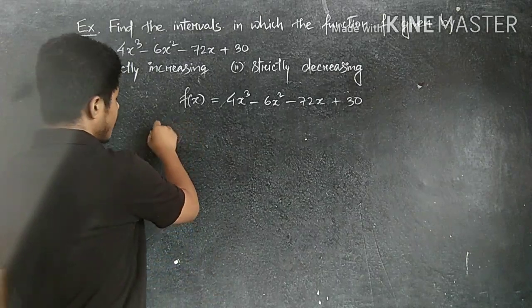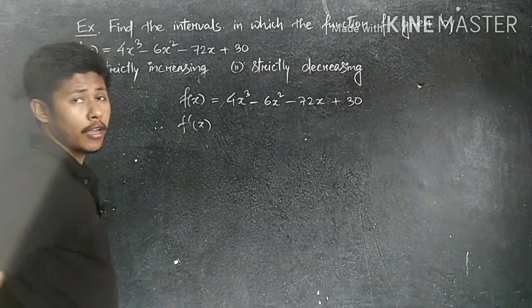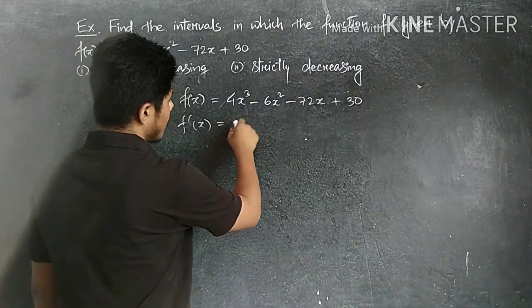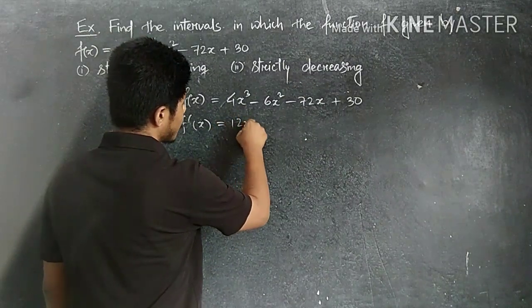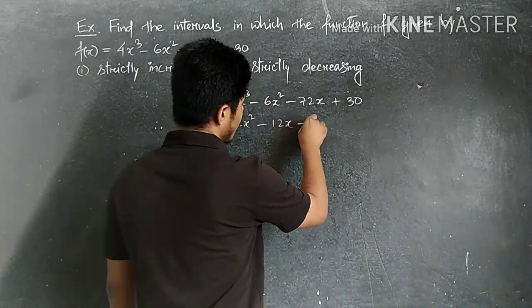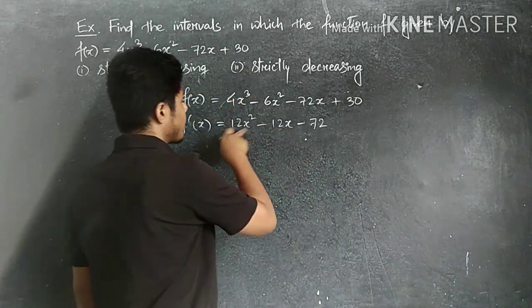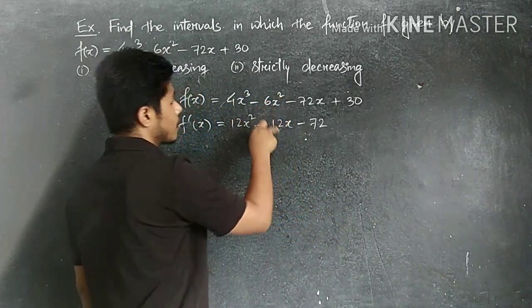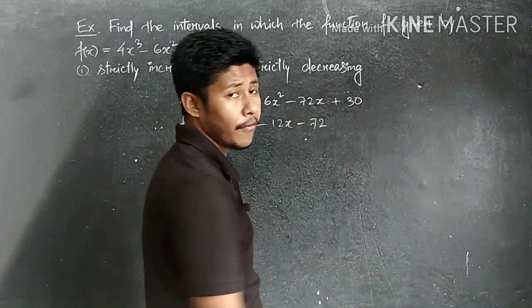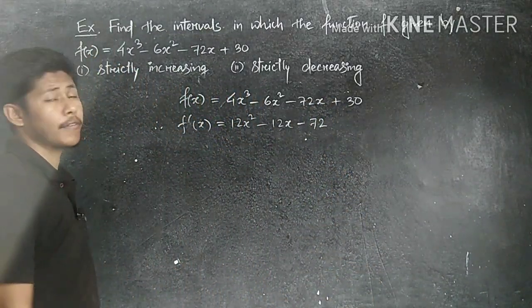If you differentiate this with respect to x, f dash of x equals 12x square minus 12x minus 72. Isn't it? 3 fours are 12, 12x square, 2 sixes are 12x, and this one is 72. Is it clear? This is the function we get after differentiation.